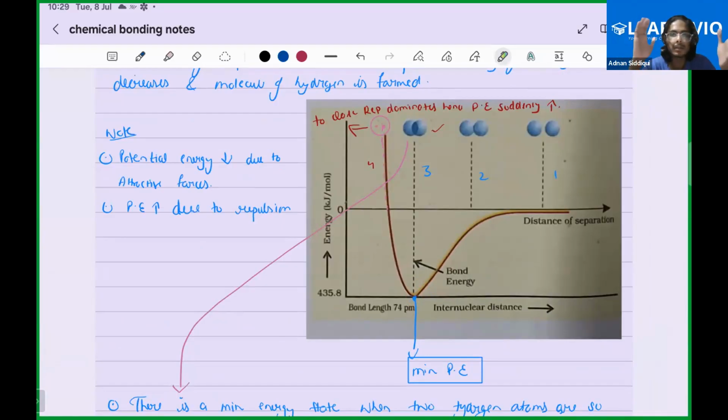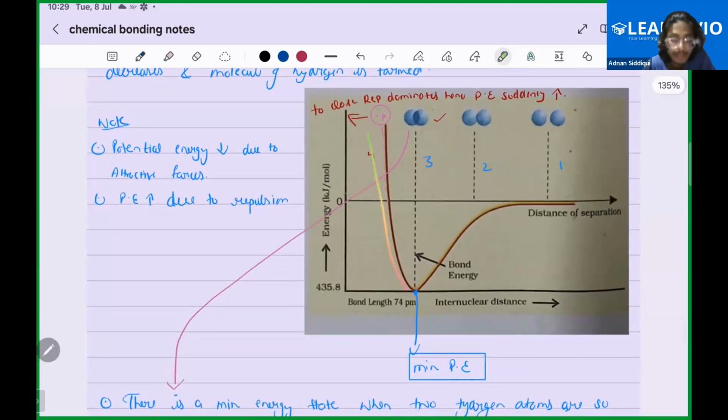At some point, the repulsive forces will dominate. Thus, repulsive forces will be uncontrollable. And at that point, what we will observe? A sudden increase in potential energy. And this increase in potential energy is suggesting us that now atoms are going away from each other.